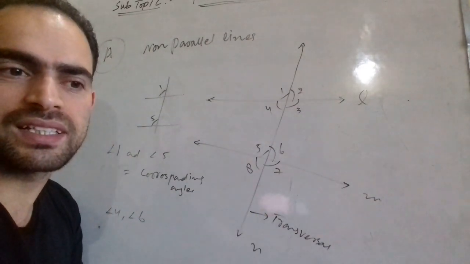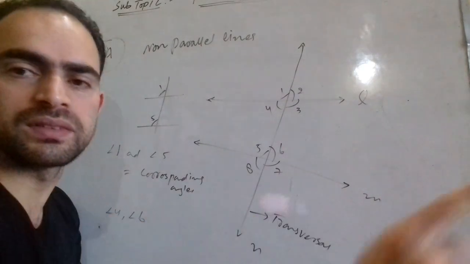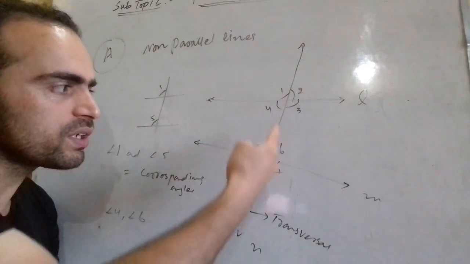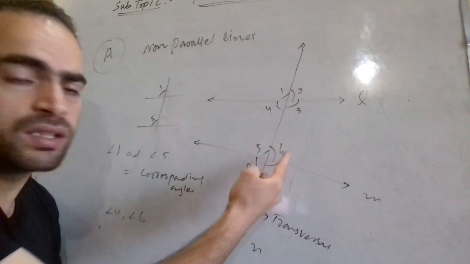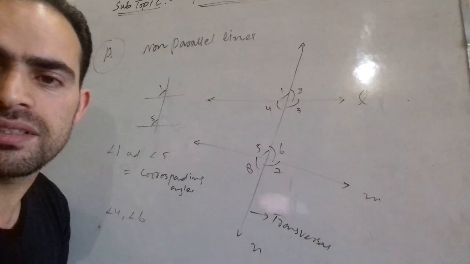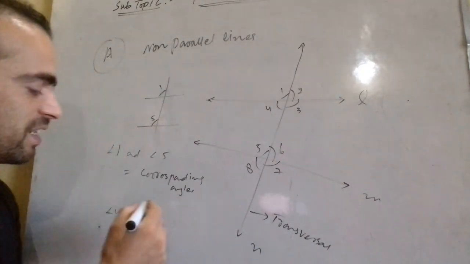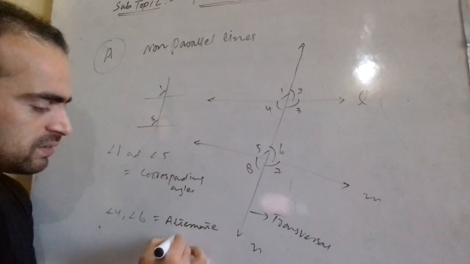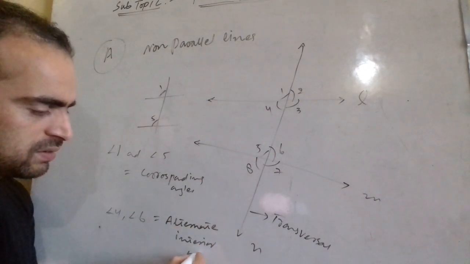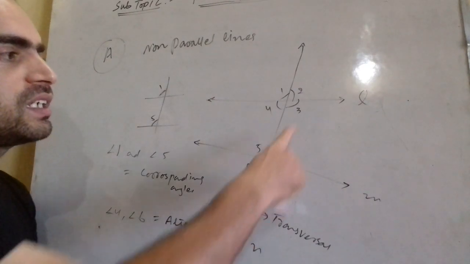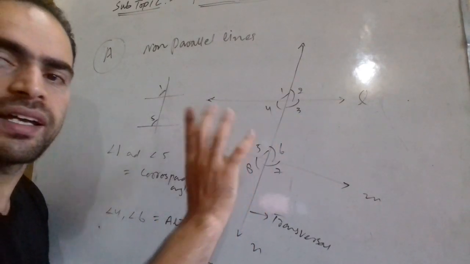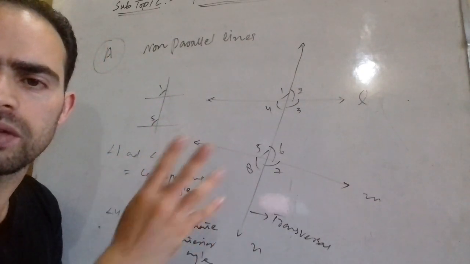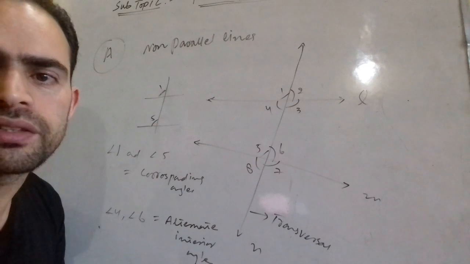Similarly, we have the relation here. 4 is related with 6, and we call them alternate interior angles. Similarly, angle 3, angle 5 are alternate interior angles. Got my point? Good. And these are two important types of angles. One is corresponding angles and the other is alternate interior angles.